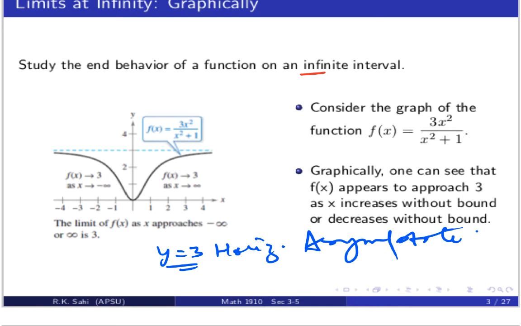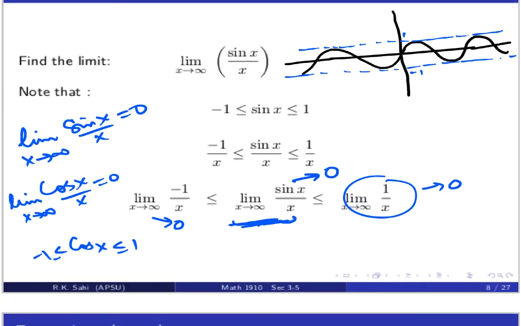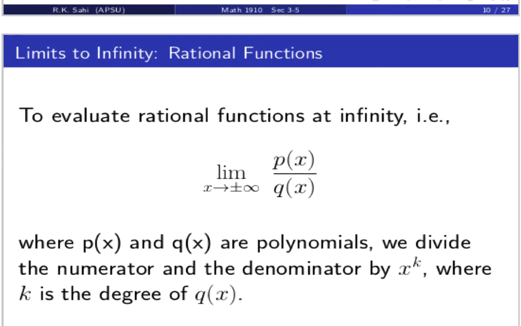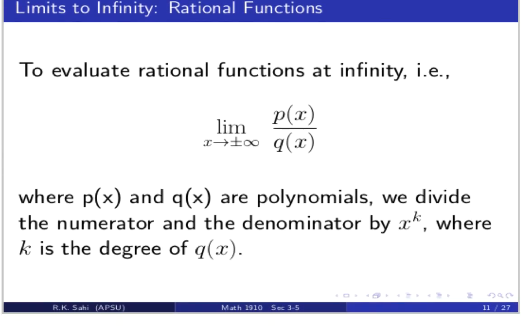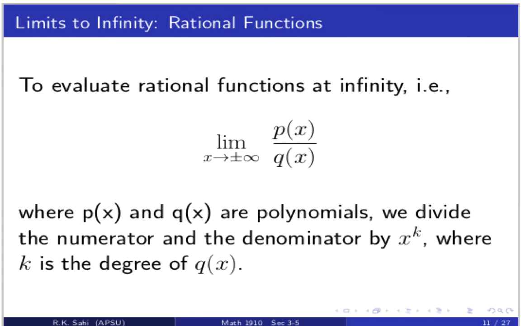Okay? Now, let's look at some rational functions. To do rational functions, there's a little theory we talk about, and we're going to do a trick here. I want to evaluate rational functions at infinity.